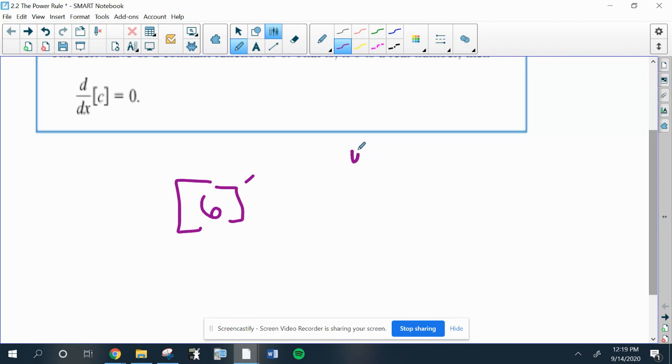You're taking the derivative of this function y equals 6. Y equals 6, as you know, is a horizontal line at 6. So this is what the function looks like. The derivative just says, what is its slope? Well, the slope of a horizontal line at every value of x is 0. Therefore, the derivative slope is 0.